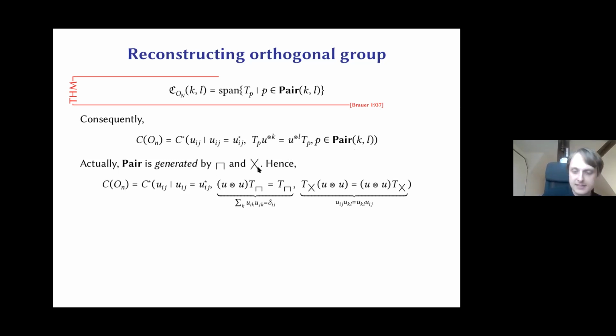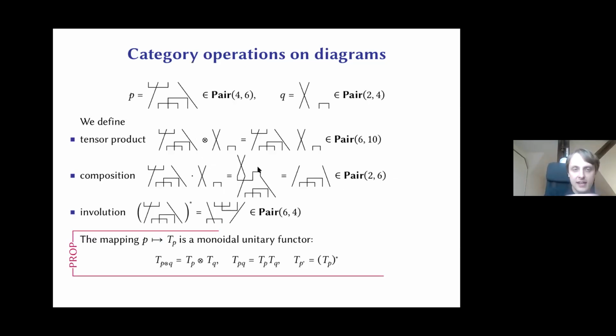What I mean by this is, maybe let's go back here. I have this example here, and I claim that if I start with the normal pairing and the crossing, and of course, by definition, I assume that there is also the identity, and here the identity is just the simple string like this, I can really construct everything using those operations.